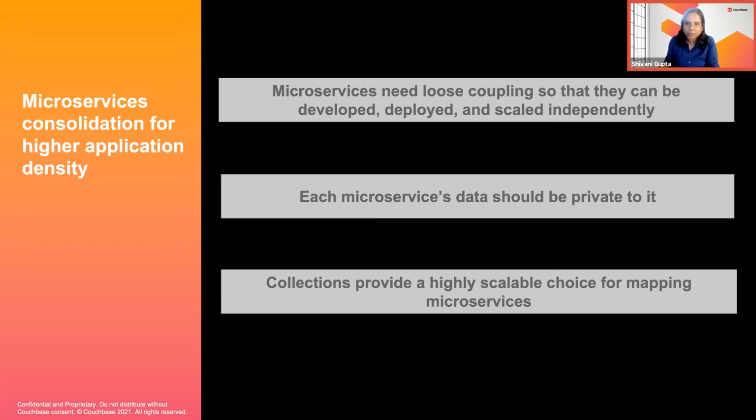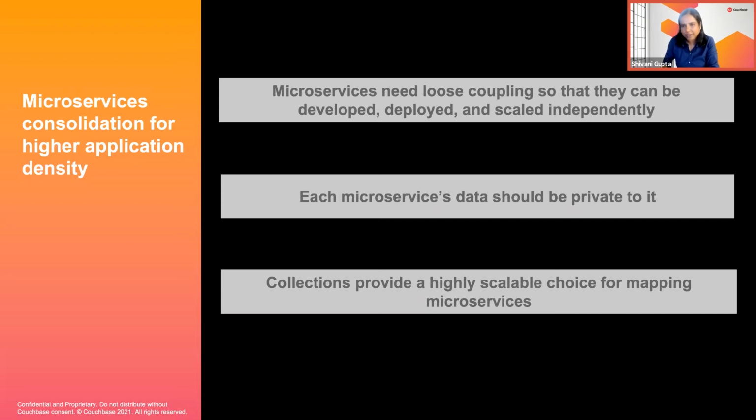And with scopes and collections, since each of them has independent lifecycle management, they provide a good alternative to buckets for deploying your microservices. Also, one of the things required by microservices is that each microservice's data should be private to it and should be accessible only via the APIs of that microservice.